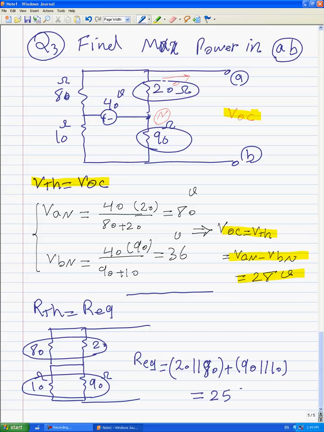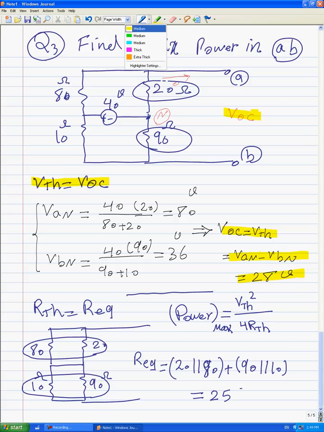And in order to find out max power, we can use this equation. Power in max scenario is equal to VTH squared over 4 times RTH.